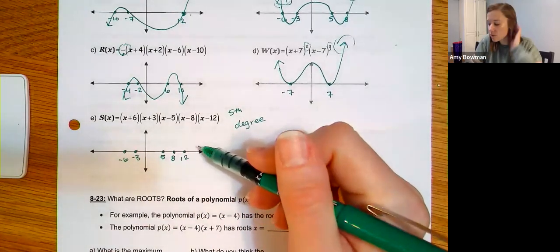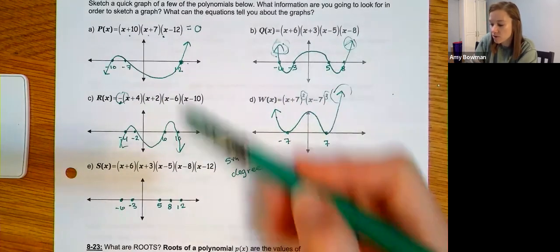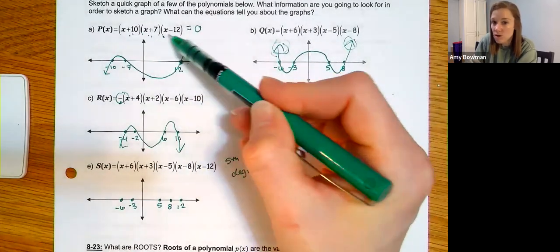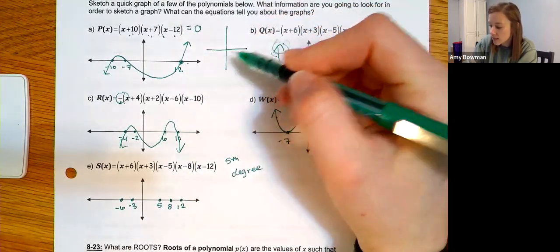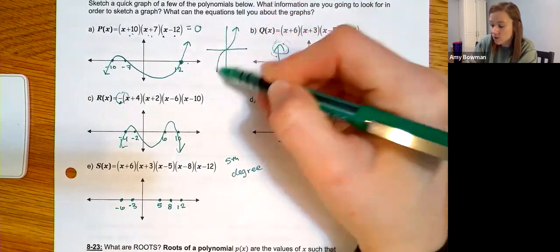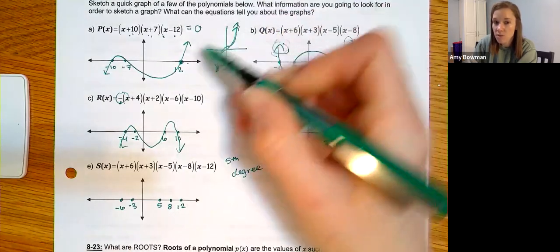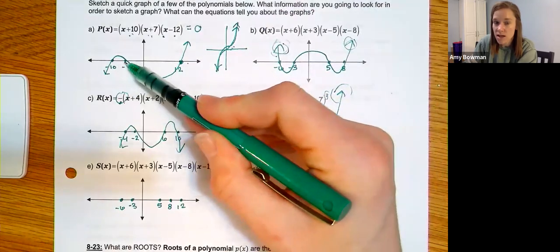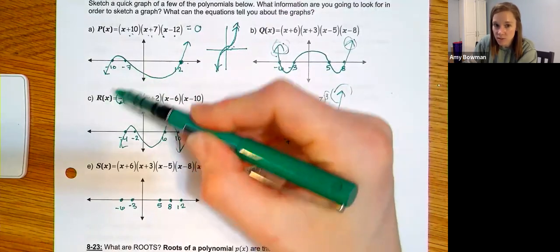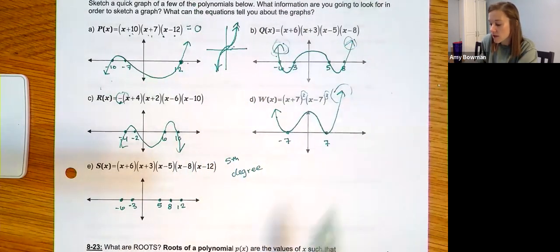Now the question is, how do we know where this graph starts and ends? So let me refer back up here to this 3rd degree polynomial. We knew based on our experience with cubic functions that 3rd degree polynomials have this general behavior. They start down here and then they go up. So we knew that we could just adjust our knowledge of that to these zeros and still fill in. So it starts down here, it goes up, and then it ends towards the positive values.